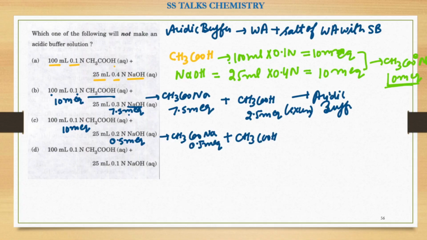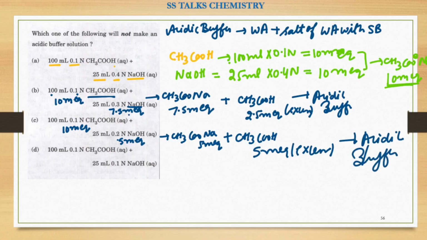That is 5 milliequivalents, not 0.5. I forgot one decimal. So the 5 milliequivalents of acetic acid are still present in excess, so again the acidic buffer will be formed.